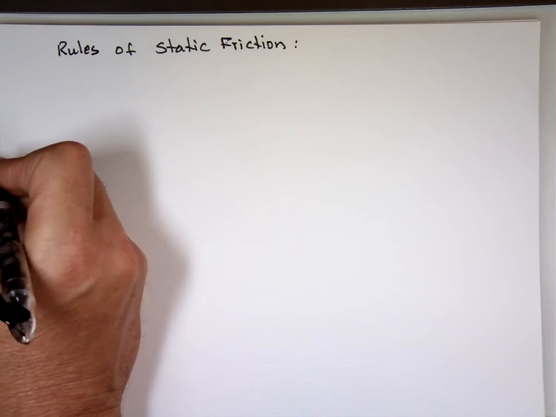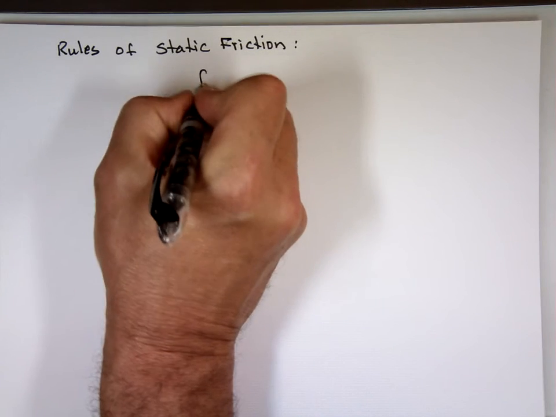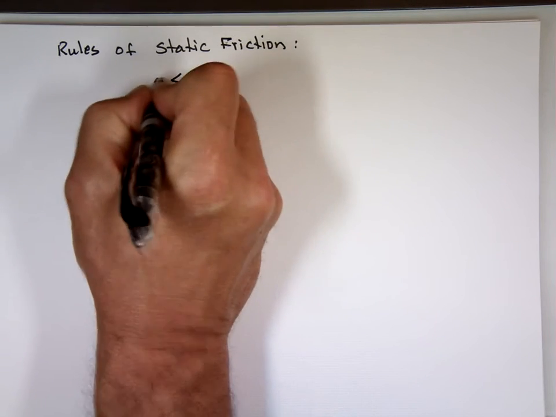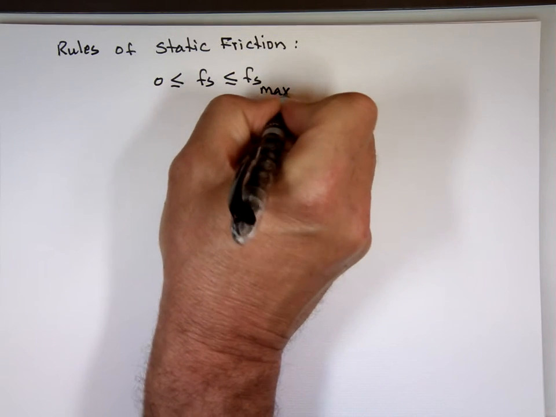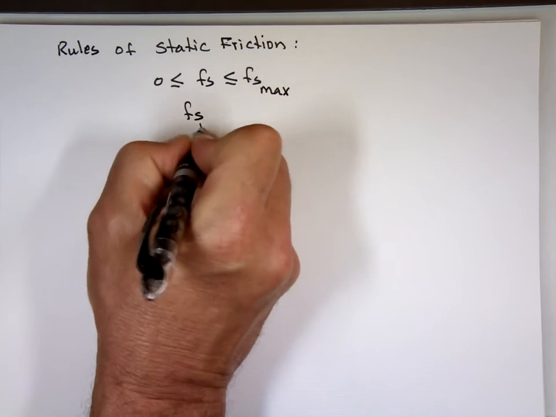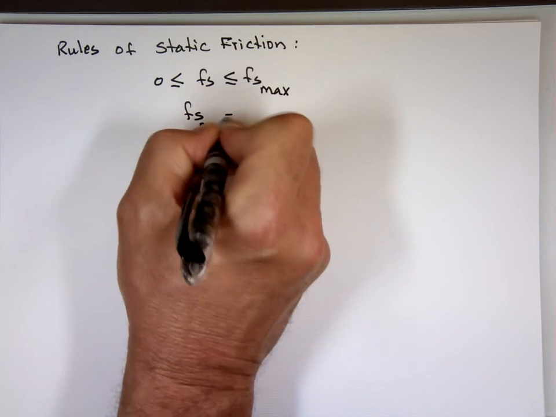We know the static friction, let me just write it down, is between 0 and Fs max. And I know that to calculate Fs max, you need mu s times n.